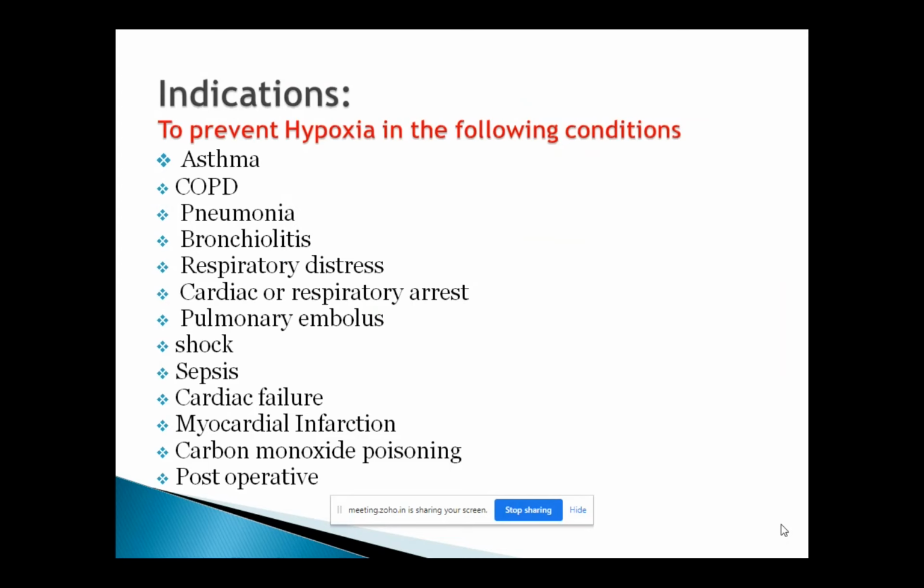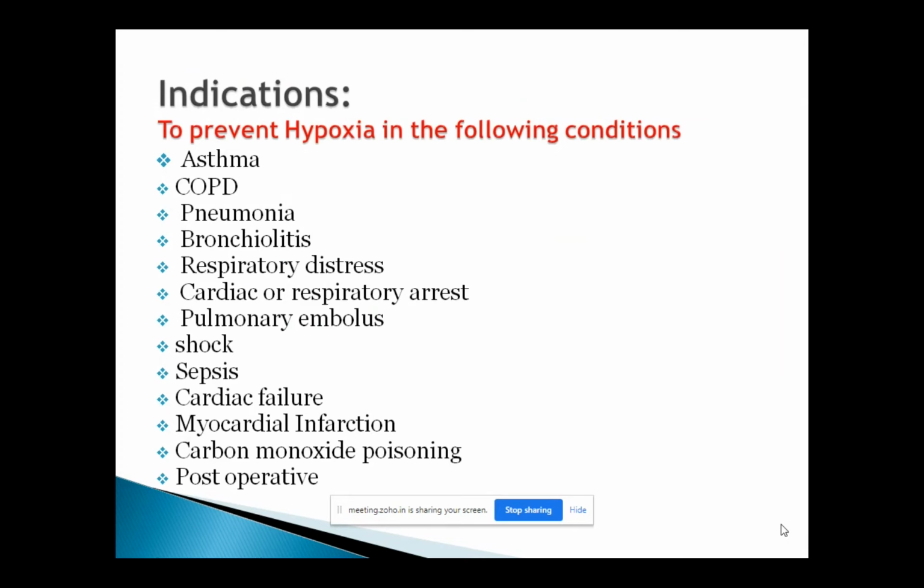So basically, you came in with pneumonia and that caused severe hypoxia. If the hypoxia is not looked after properly, in a matter of hours or days, you will end up having multi-organ failure because of hypoxia. That's the reason it's important to prevent hypoxemia in the following conditions.